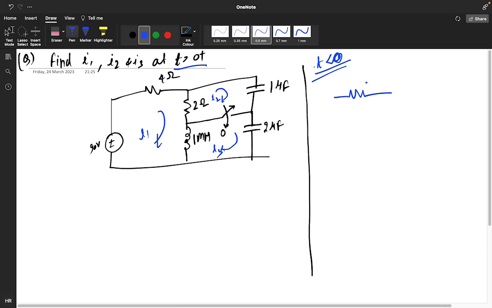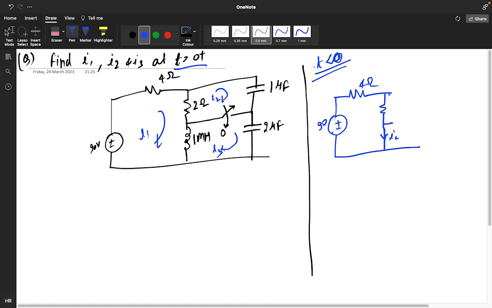Before, at t equals 0 minus, I am assuming my circuit has reached its steady state condition. If it has reached steady state, the inductor will be replaced by a short circuit, which I take as the IL value.